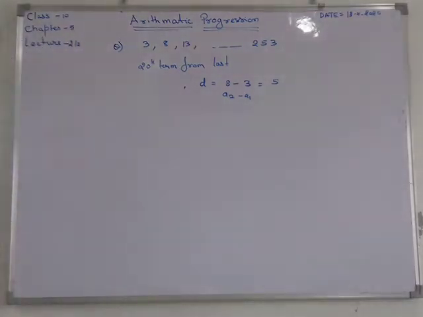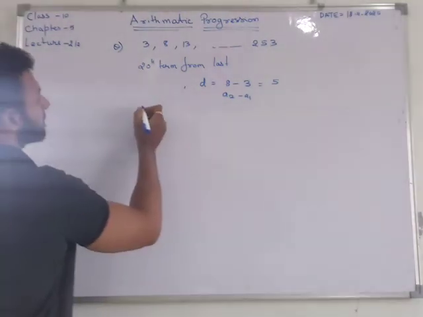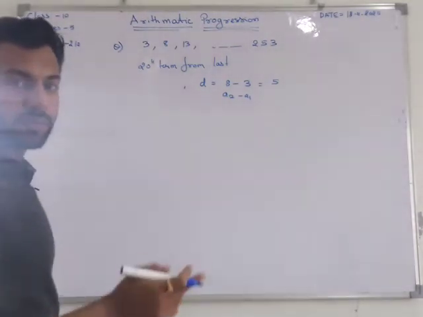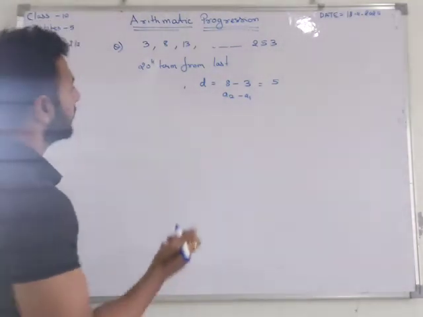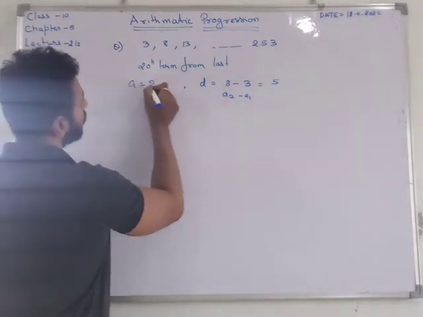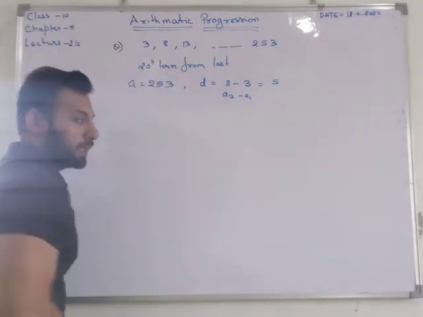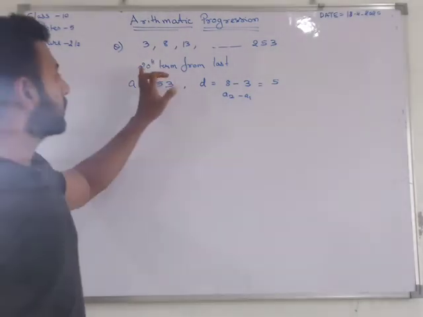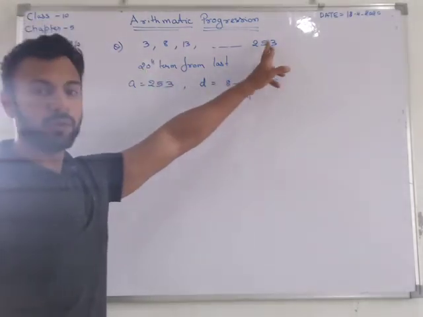Now, as we have to find out from the last, then A will be 253, because we have to find out the 20th term from the last, so we have to count from here.